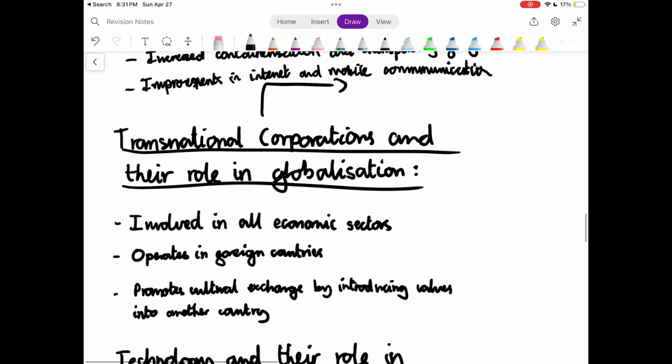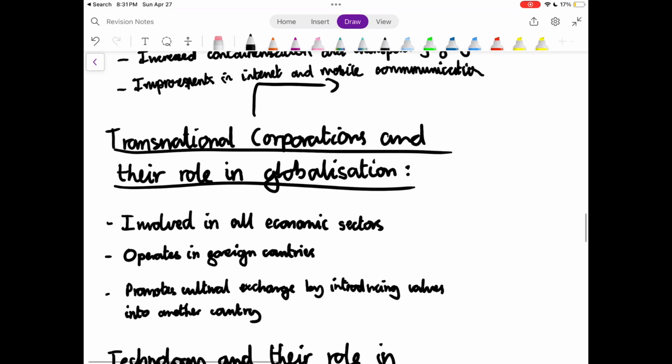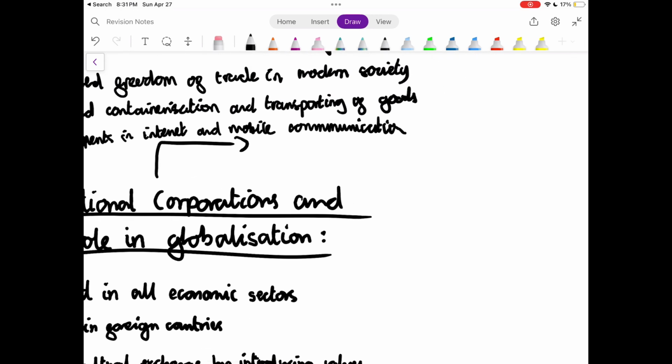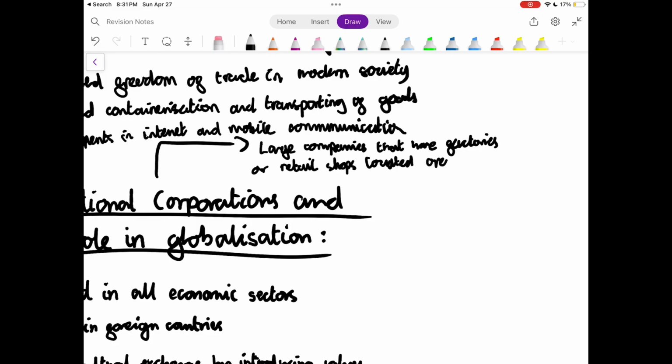So now we're going to be looking at transnational corporations and their role in globalization. And if you don't know what transnational corporations are, they are large companies that have factories or retail shops located overseas.